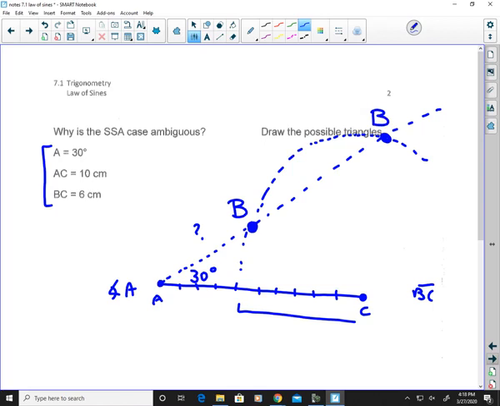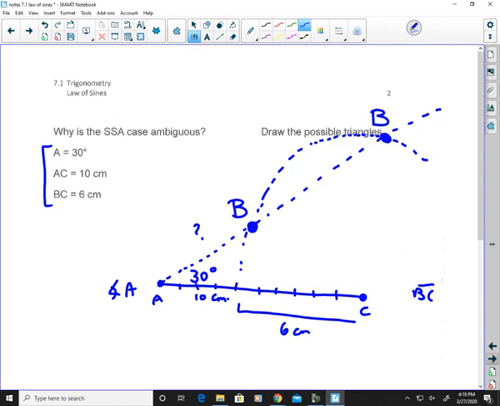I do know that the arc I swung was 6 centimeters and this original line was 10 centimeters. So that forms two separate triangles, and I don't know which of the triangles was the correct triangle.